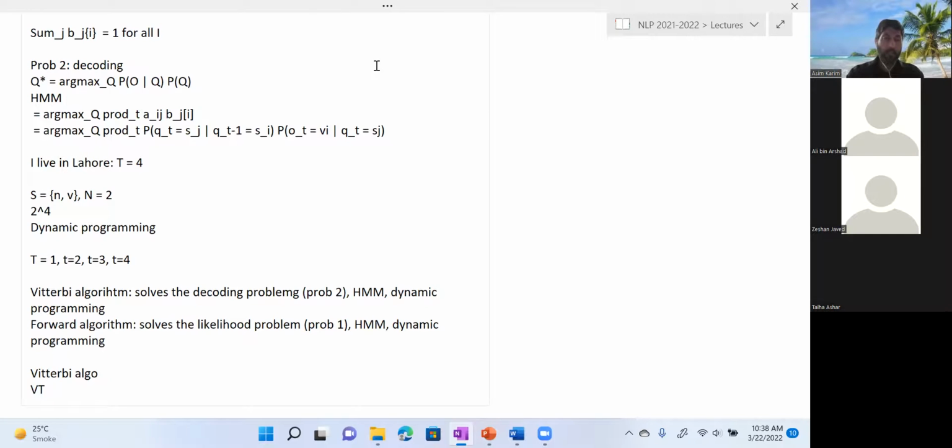This is a matrix of size n plus 2, which is the number of states, including the initial state and the final state, times T, the sequence length. This matrix would save our intermediate solutions to our problem.